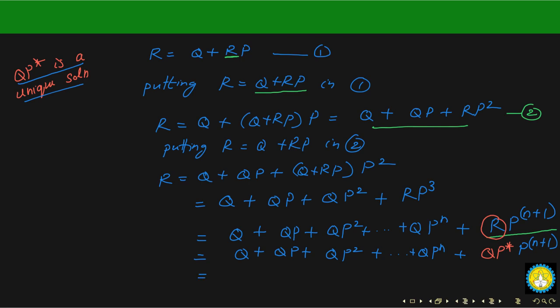Now we can take Q common here. We can write this as Q into epsilon plus P plus P squared plus etc. plus P raised to n plus P star into P raised to n plus 1.